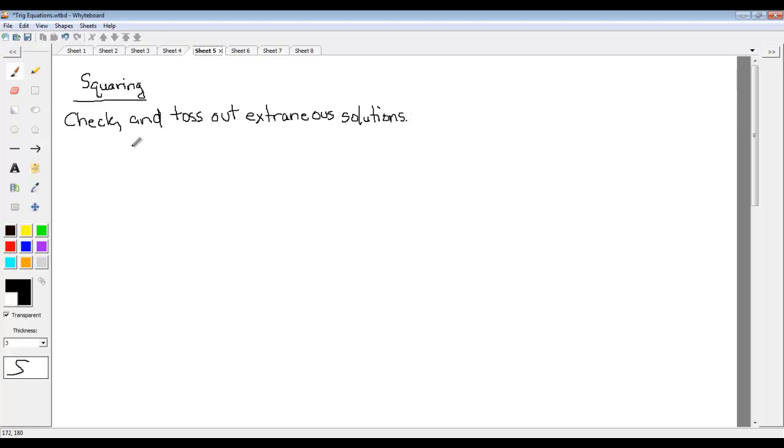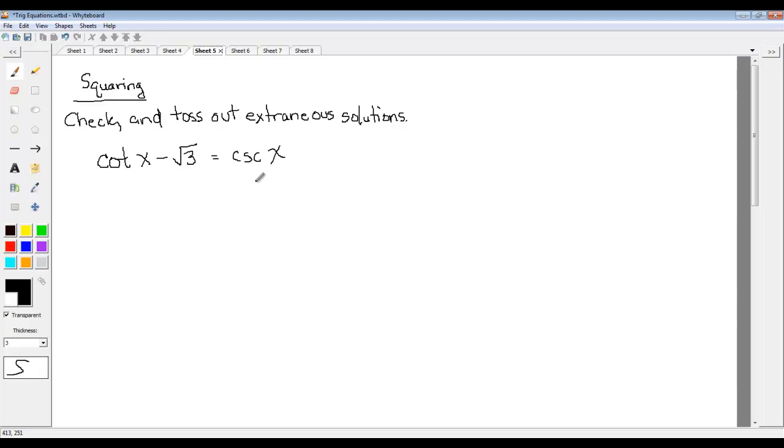Okay, so let's start with this. Now let's say we have cotangent x minus square root of 3 equals cosecant x. And I might be looking at this and going, alright, there's a lot of things I could try here. Like maybe I could try changing cotangent to cosine over sine, and maybe I could change cosecant to 1 over sine.